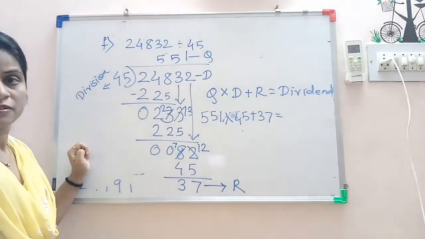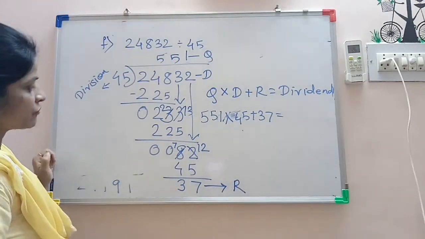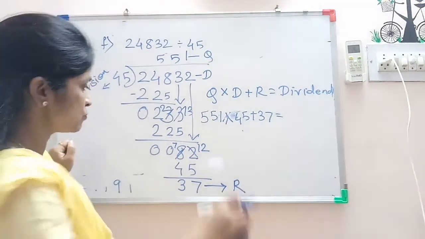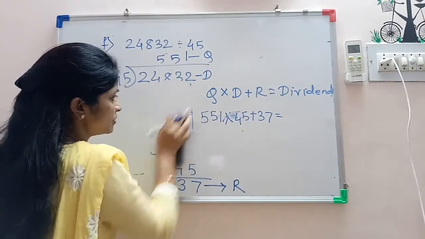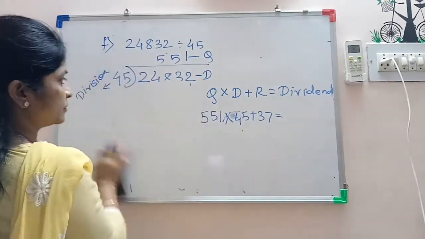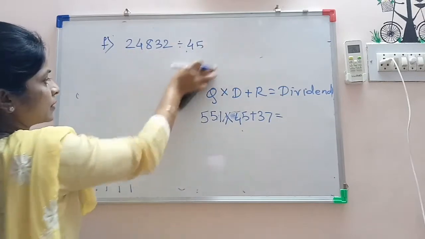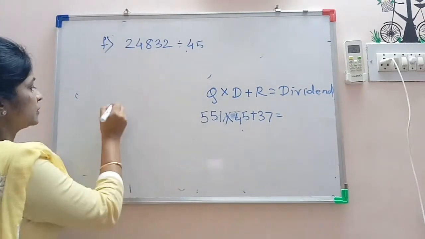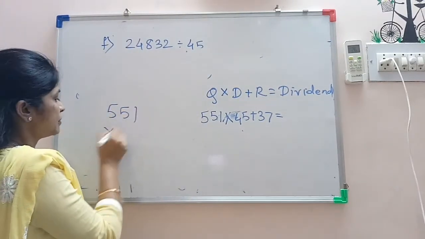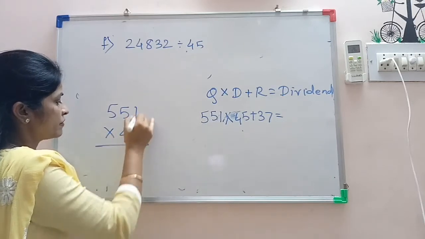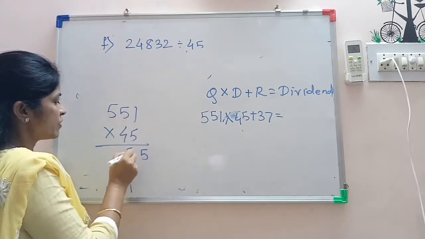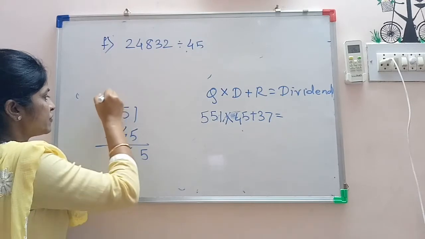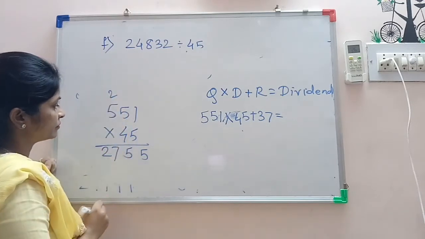Now we will check whether this is correct or not. For that, one side we will do the multiplication of this quotient and divisor. Now let's see. Given number multiplied by 45, 5 1s are 5, 5 5s are 25, 2 carry, 5 5s are 25 plus 2 is 27.